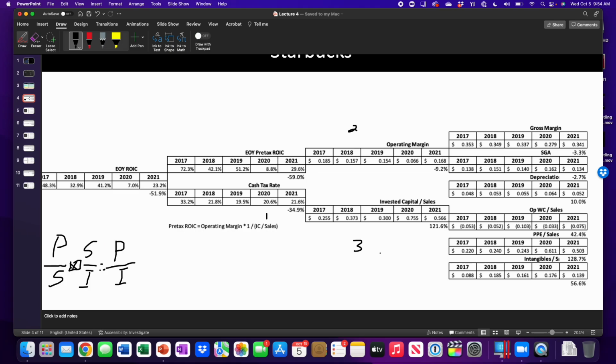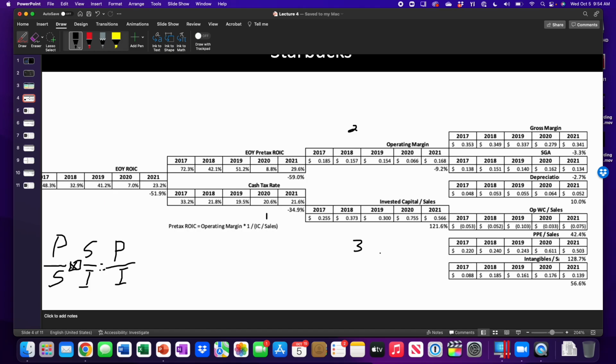Looking at the second level for productivity, looking at the balance sheet. Invested capital to sales is a function of three things. It's operating working capital, plus property, plant, and equipment, plus goodwill and intangibles. Right? We know that from our rearranged statements, so that's what we're adding up here.